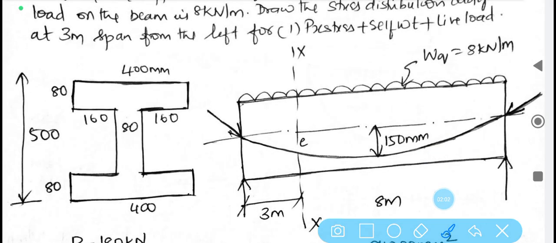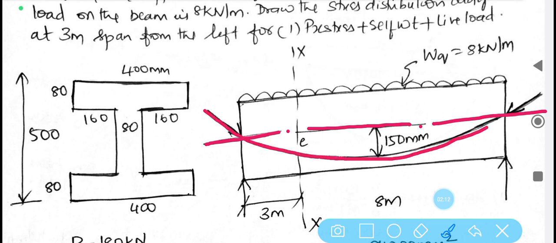So this is the cable with respect to centroidal axis. So this is the centroidal axis, and with respect to this, let us draw one parabolic cable. So here this represents central eccentricity, and at the support it is coinciding. So here there is no eccentricity, that is 0.